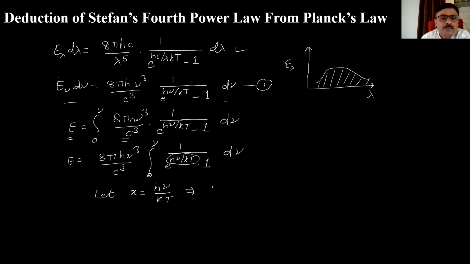This implies nu is equal to kT divided by h into x, and therefore d nu is kT divided by h into dx, since kT and h are constants. So after substitution, we have to convert this variable into x, using the value of d nu here and the value of nu here.